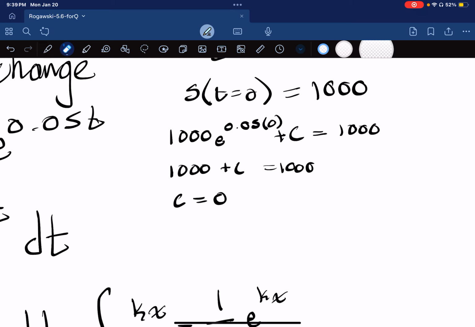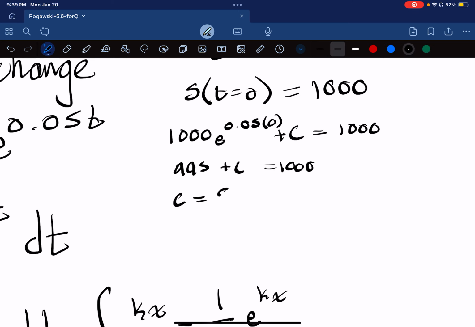For example, if the initial starting amount happened to be, let's say, 995, then c in this case would be equal to 5. But because we had 1,000, and this is a very nice question, c is going to simply be equal to 0.